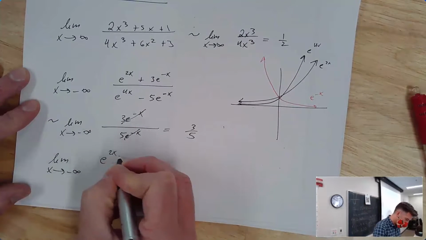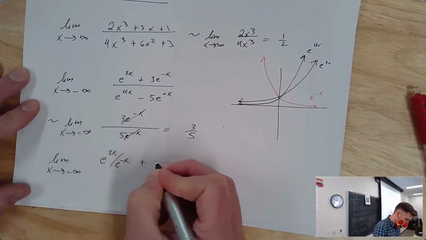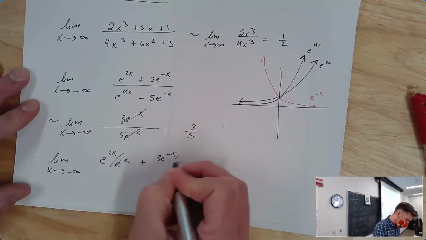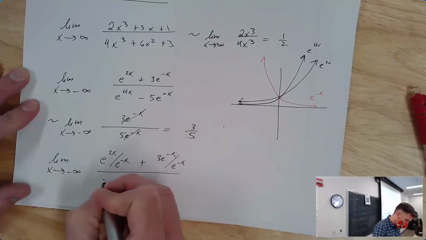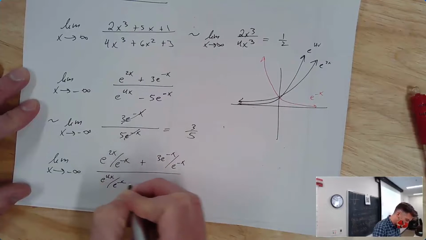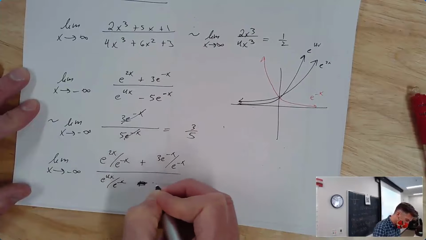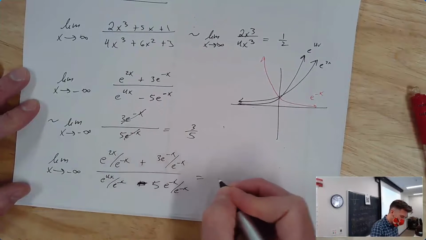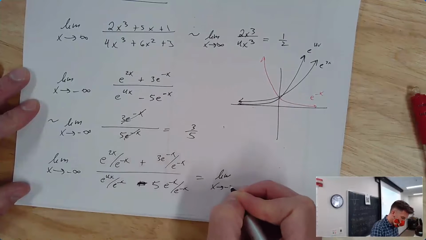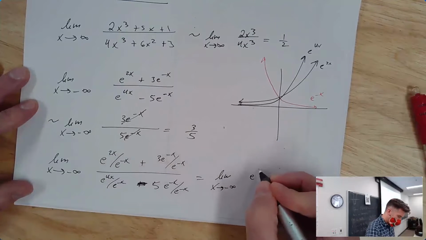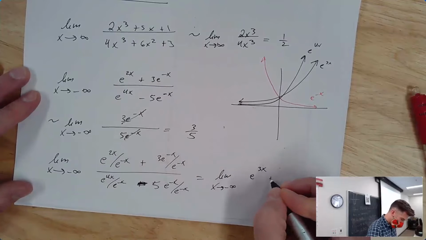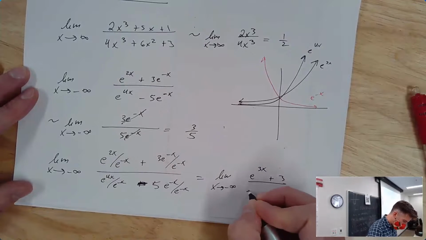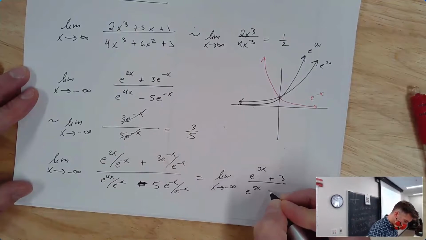So e to the 2x divided by e to the negative x, plus 3 e to the negative x divided by e to the negative x, over e to the 4x divided by e to the negative x, minus 5 e to the negative x over e to the negative x. And when I simplify this, I get the limit as x goes to negative infinity of e to the 3x plus 3 over e to the 5x minus 5.